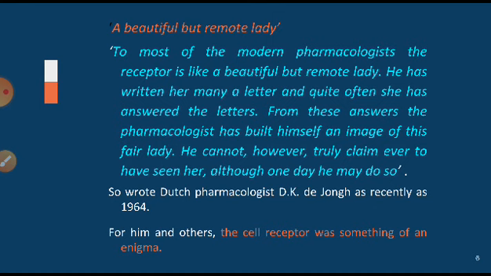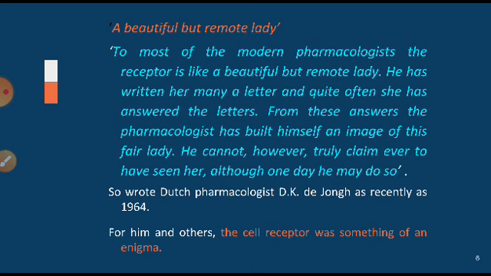So this is a poetic description: they are trying to reach the answers for the receptors, but the receptor is not yet reachable for them. They are hopeful that one day they'll get it. That was that time. Now we are in a good era where we know everything about the receptors, right?